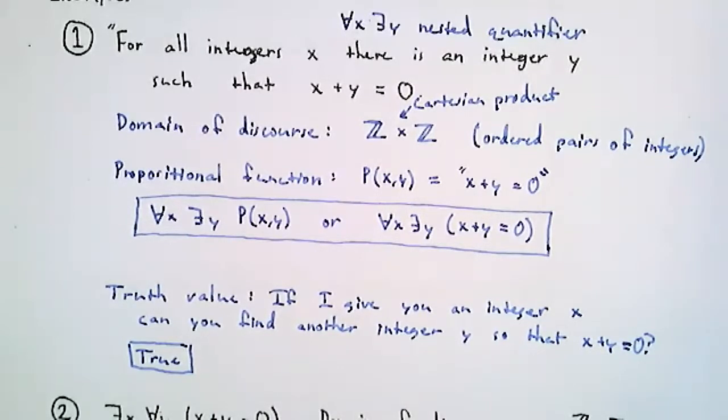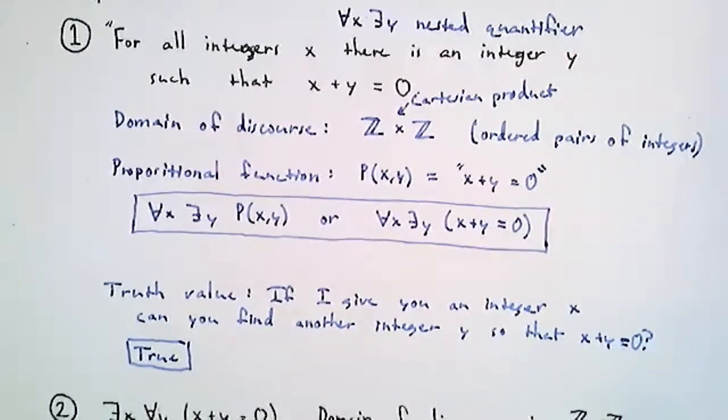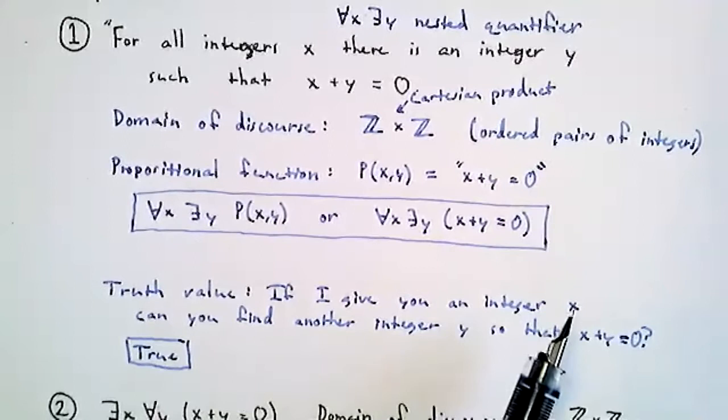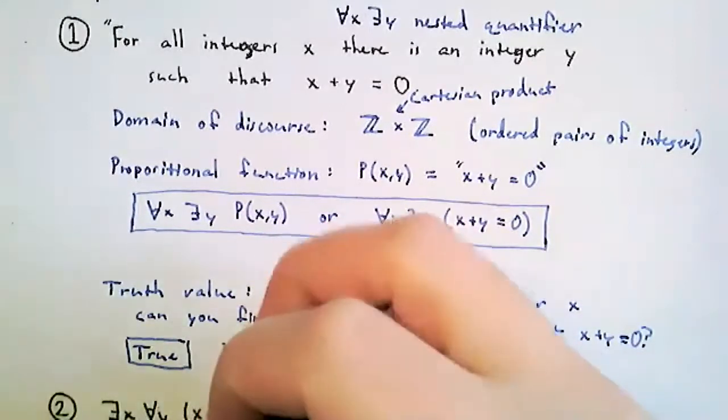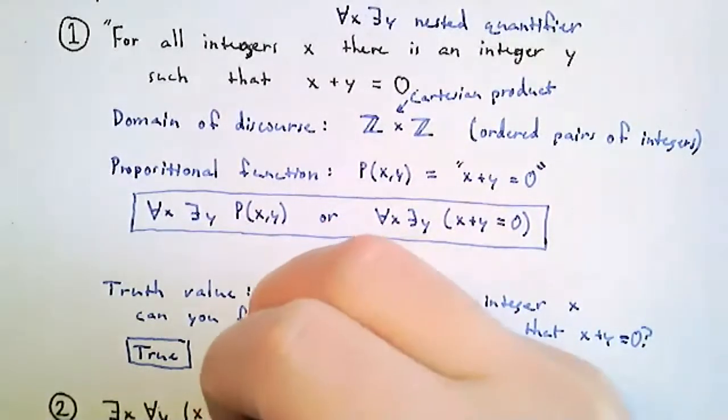Positive 103. Yeah. So if I give you x, you're going to give me back negative x. And we can write that out.